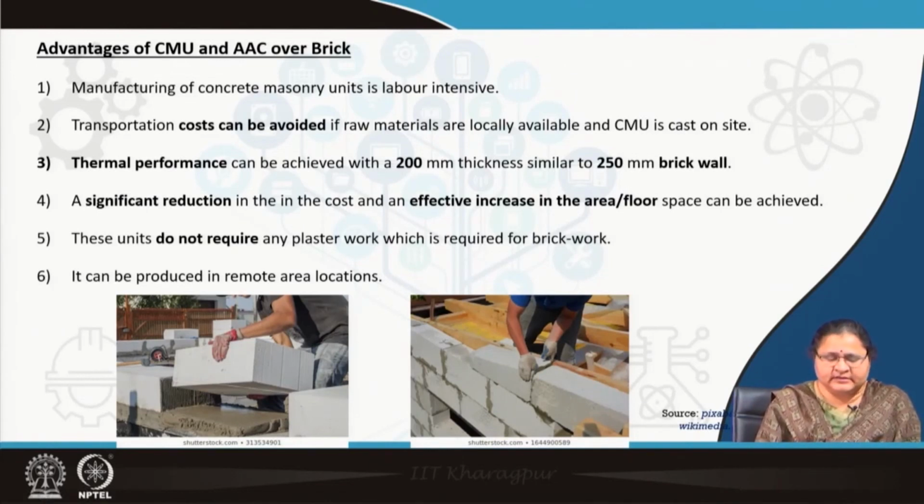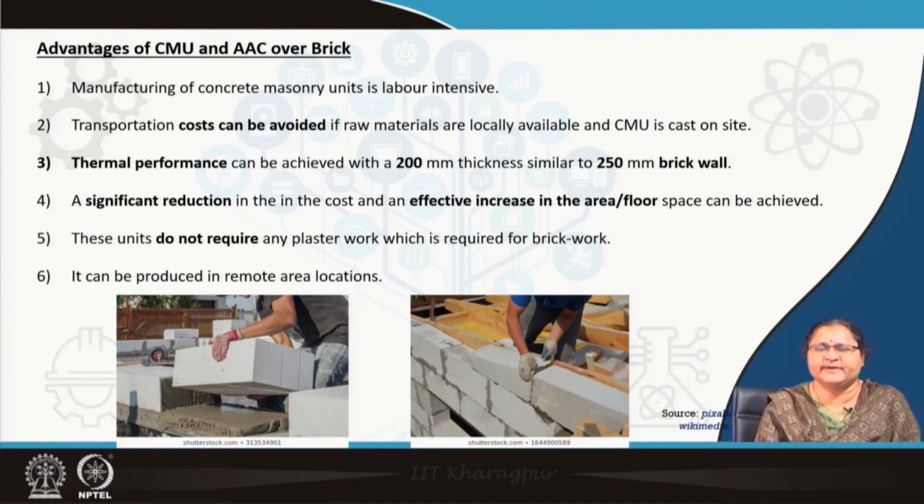It is similarly constructed. It could be made as cast in situ concrete, which is labor intensive, but when it is made in the factory, transportation cost can be avoided if the raw materials are locally available.